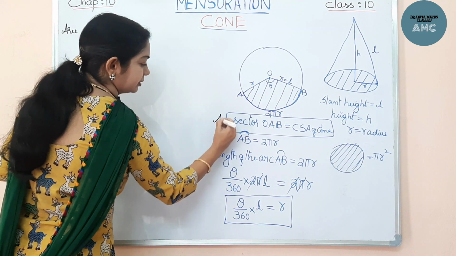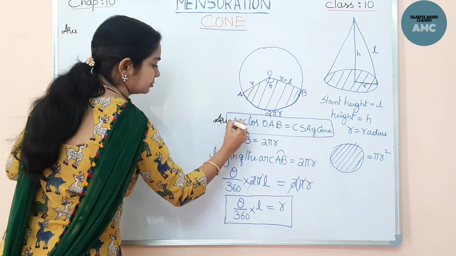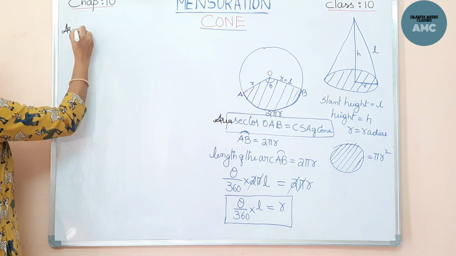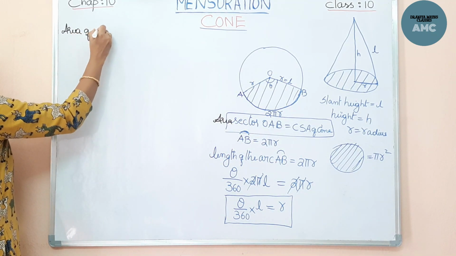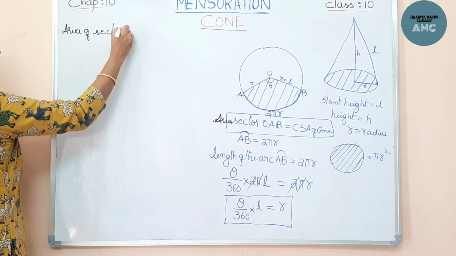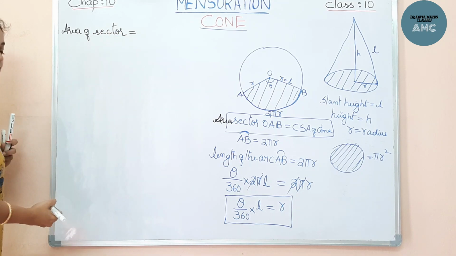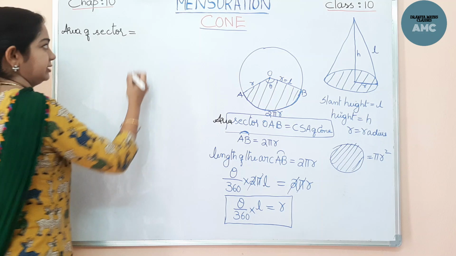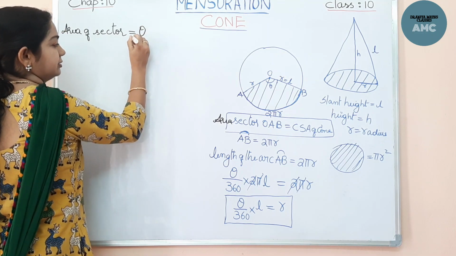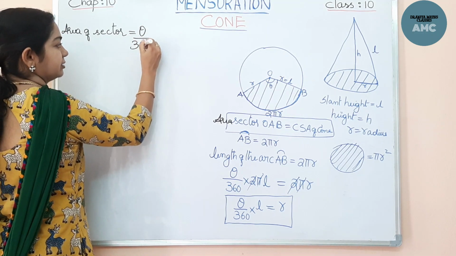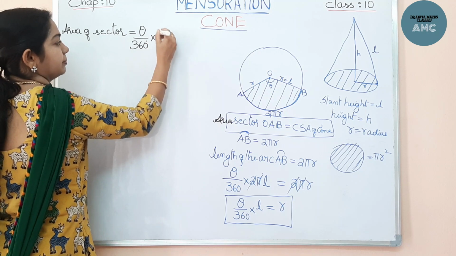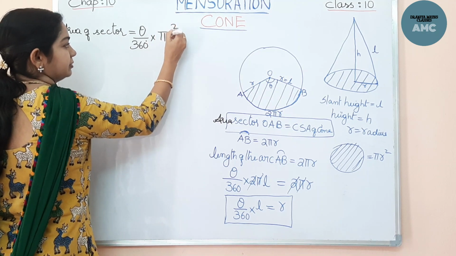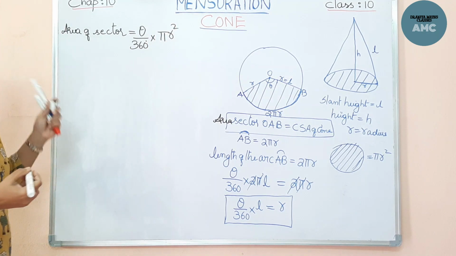The area of the sector is theta by 360 into pi r square. This is the formula for the area of this sector.